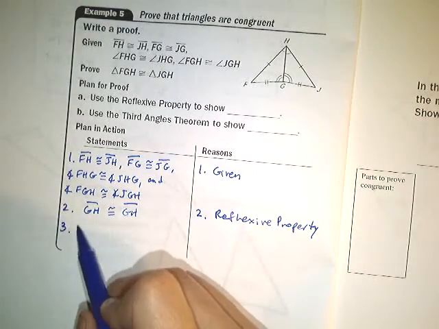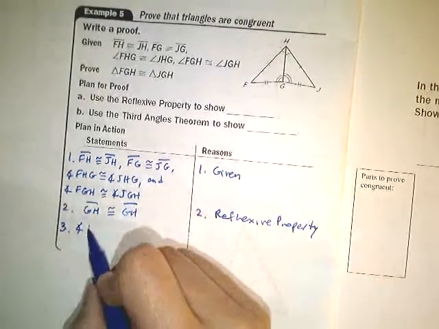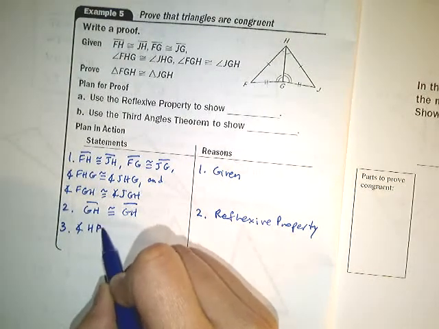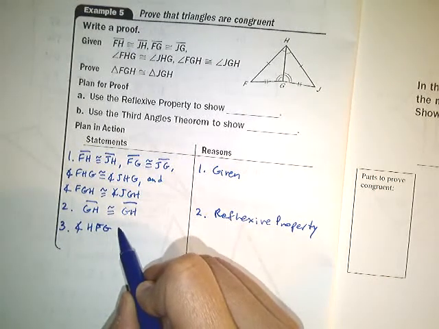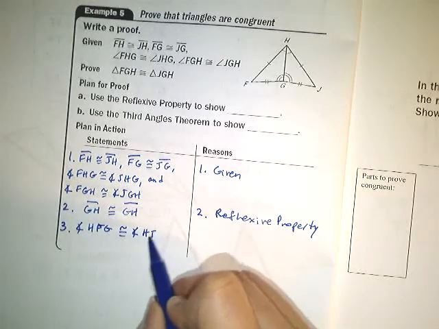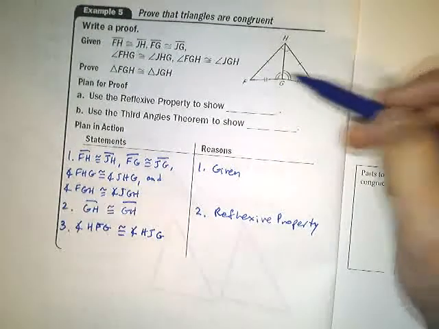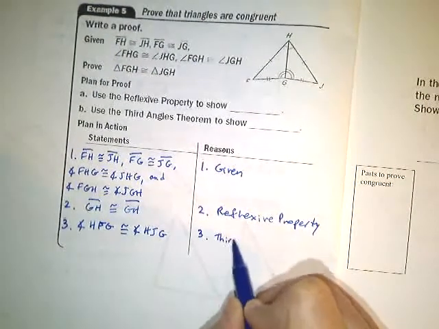So I'm going to go ahead and say that angle HFG, that's this one, is congruent to angle HJG, that's that one, by the third angles theorem.